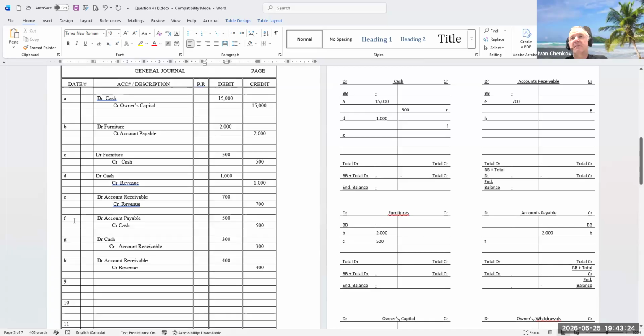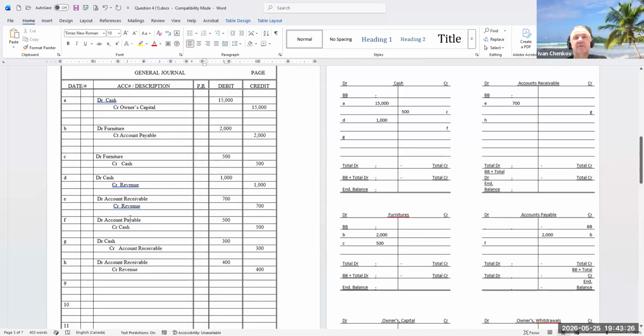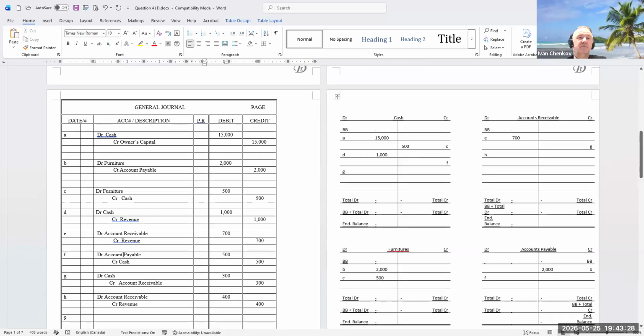Next one, in letter F, we paid for the furnitures that we didn't originally pay. So we pay with cash, so that means in letter F, the cash is going to go down by 500, but the liability is also going down by $500. In the next letter, letter G, we collected the cash from the client who didn't pay us.